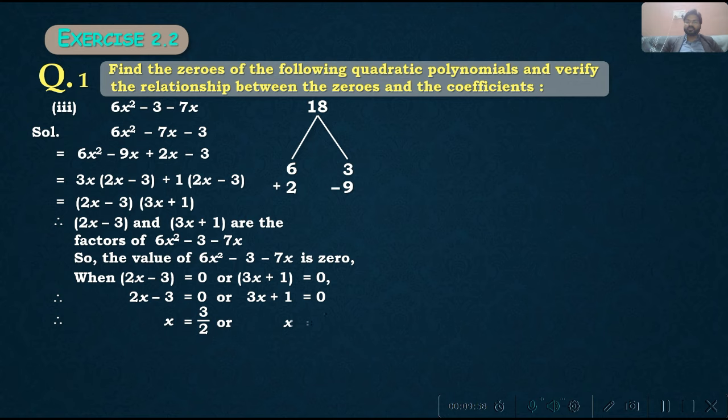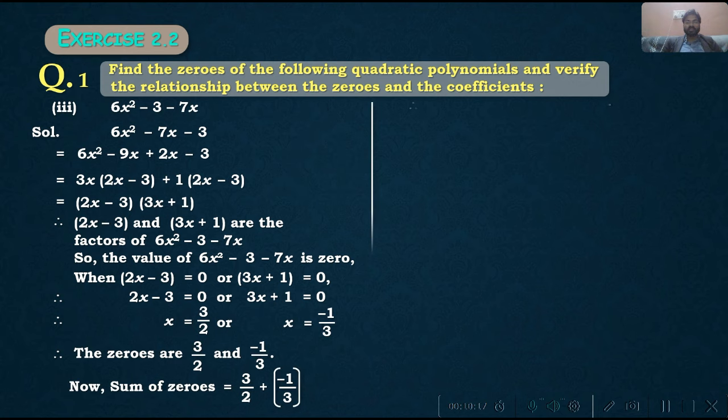So these are the zeros of the polynomial 6x square minus 3 minus 7x. After taking the LCM, 7 by 6, first equation. We know that alpha plus beta is equal to minus coefficient of x upon coefficient of x square.